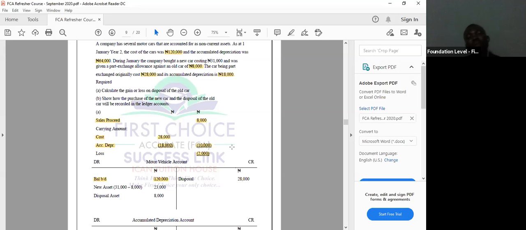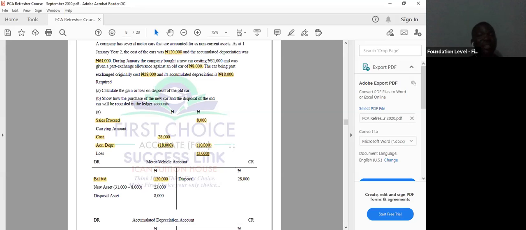Now, if you bought a new car of 31,000, what does that mean? The question you have to ask yourself is did they pay 31,000 or did they pay less than 31,000? He paid less than 31,000, because another asset had been valued before that 31,000 was reached.